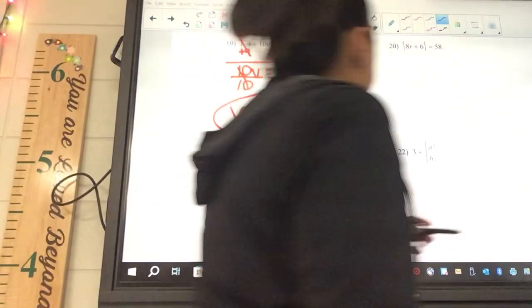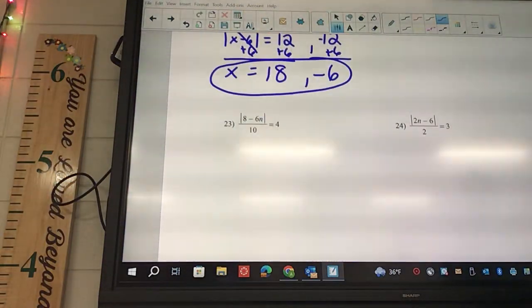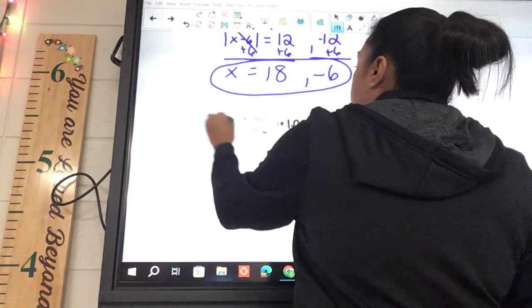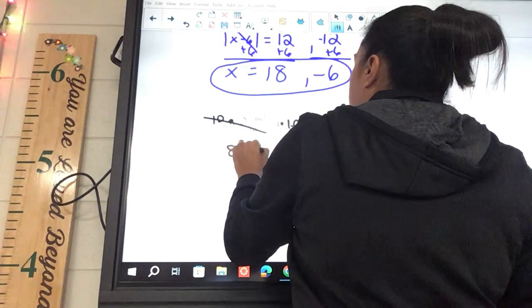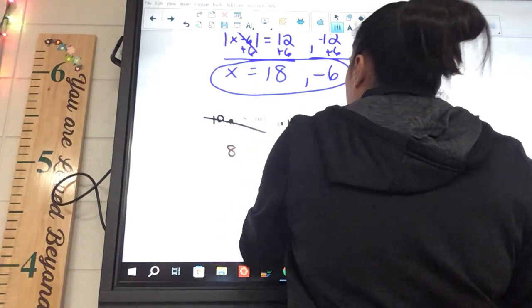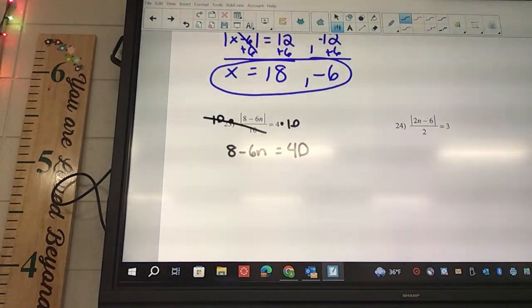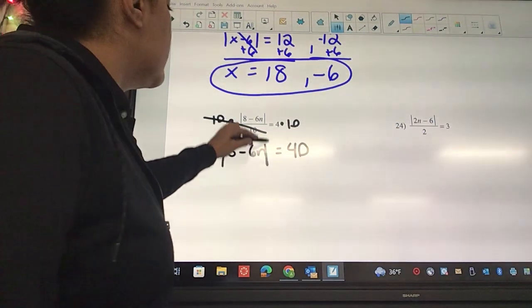Okay, 23, what needs moved first? The 10, so we're gonna say times 10, times 10. Okay, so I'm gonna get negative 8 minus 6n equals 40. Okay, now is there anything on the outside of the bars? I guess I should put the bars.